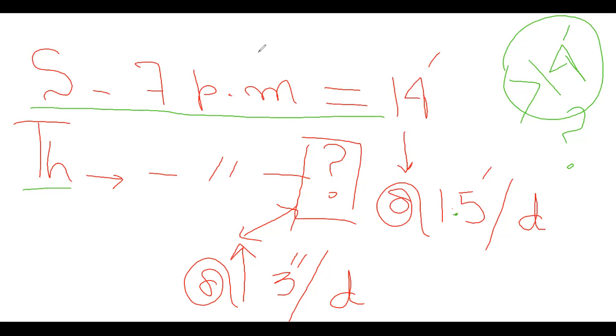Then on Thursday, all of a sudden there is heavy rain, and the water height is increasing at the rate of 3 feet per day. So at what time will the height of the river be greater than 14 feet? Are you getting this? Is there any confusion?